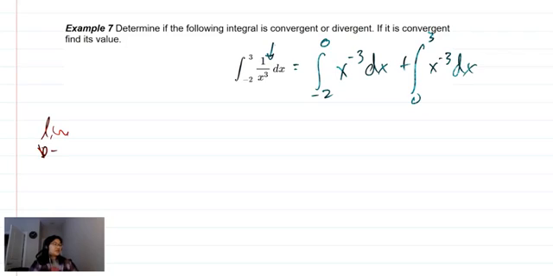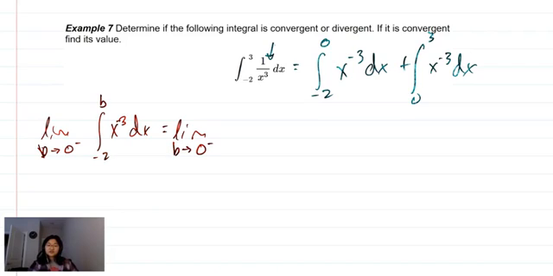As b approaches 0 from the left of the integral from negative 2 to b of x to the negative 3 dx. What's that limit? We got x to the negative 2 over negative 2, because we add 1 to the power and divide by our new power.